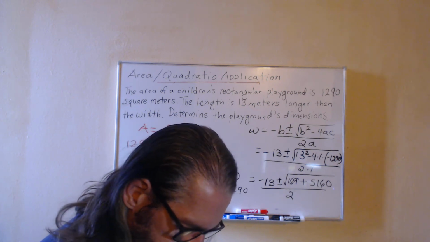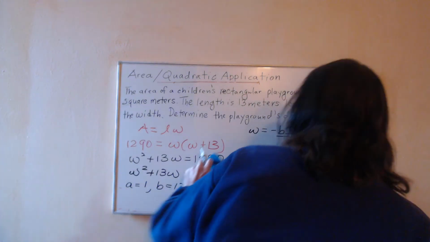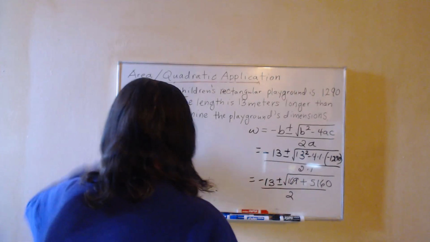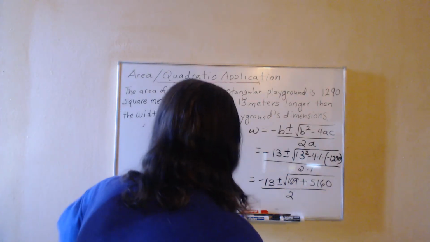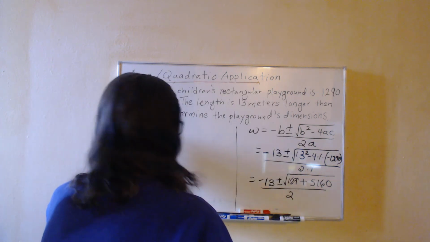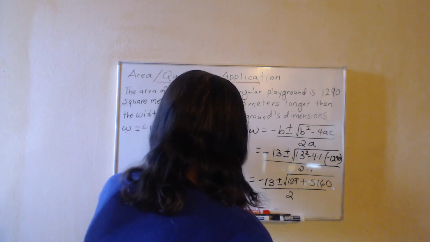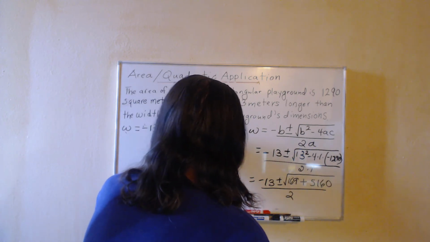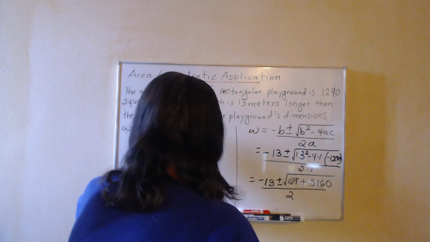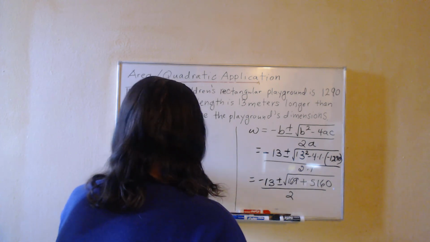5,329, which turns out to be a perfect square. 73 squared is 5,329.